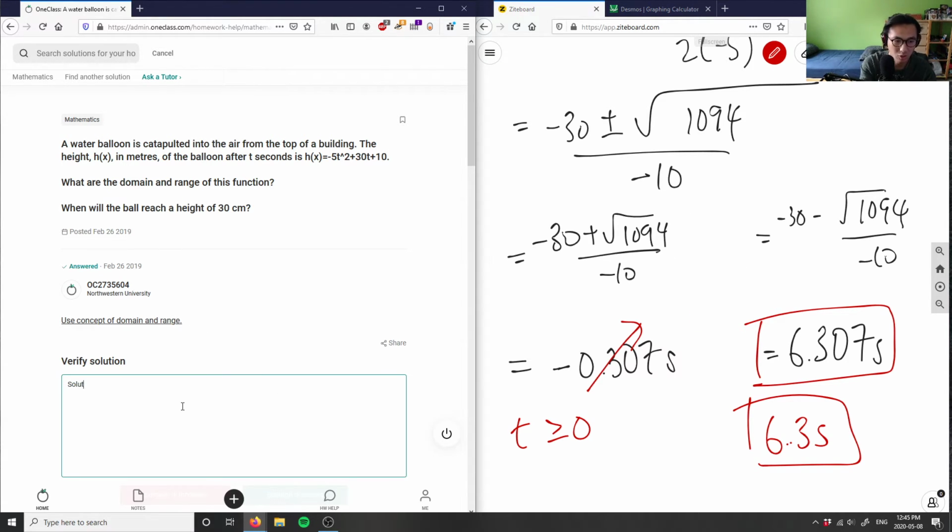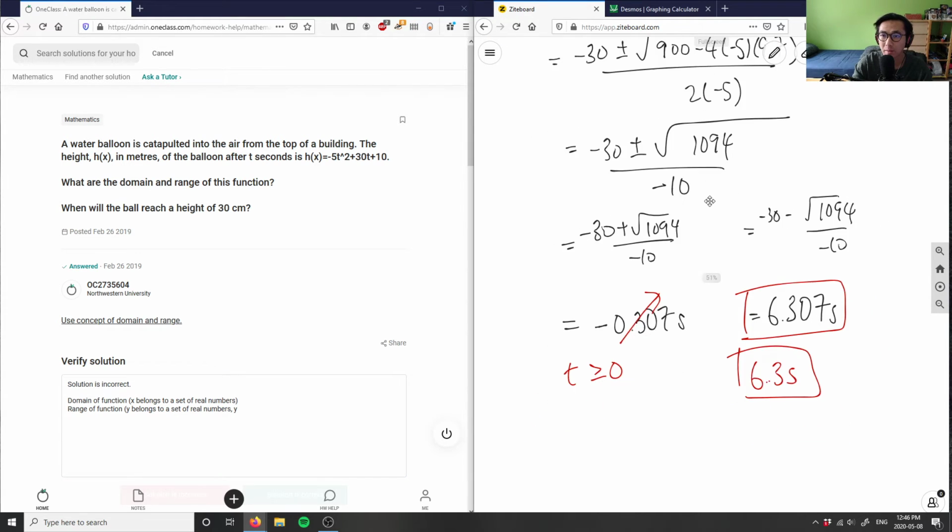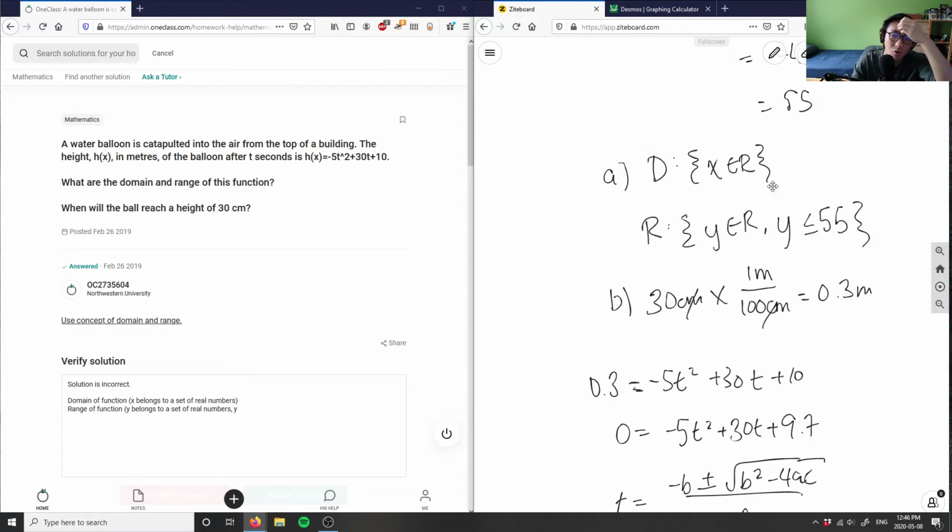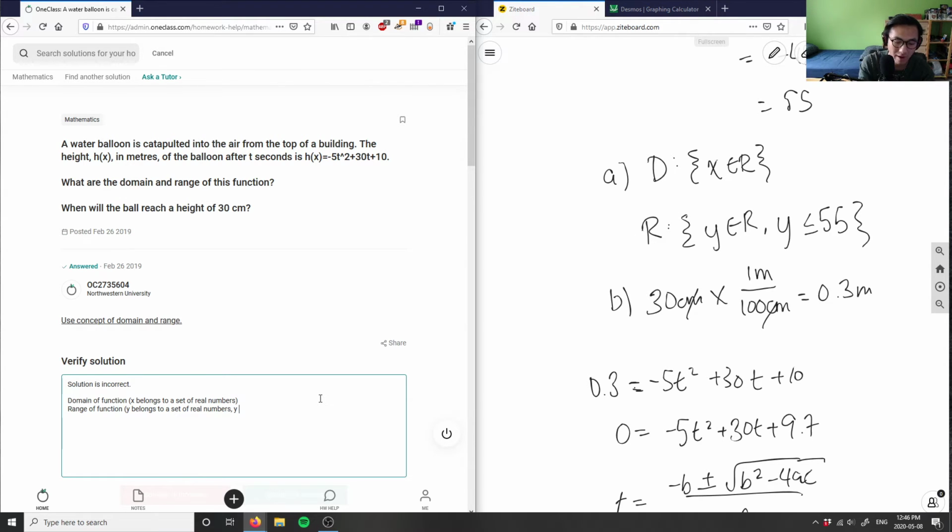They didn't show me any work here. I'm going to write down here: the domain of the function is x belongs to a set of real numbers. There's no restriction on my x. The range of the function is y belongs to a set of real numbers as well, and y is less than or equal to 55.